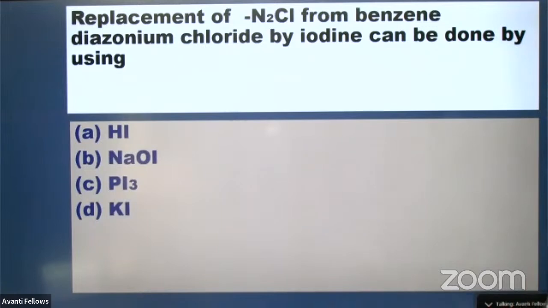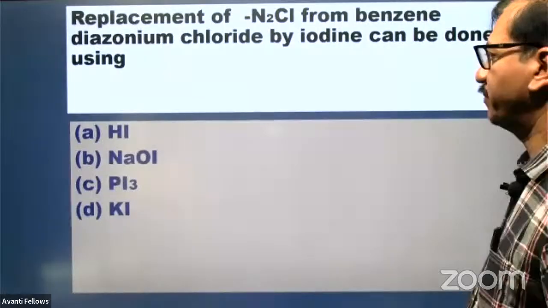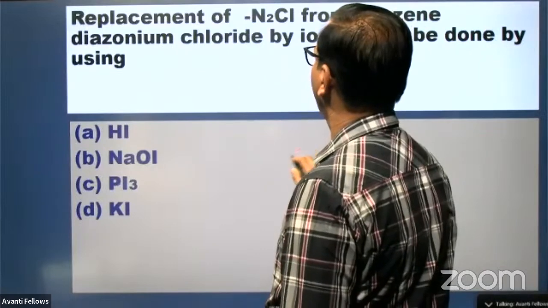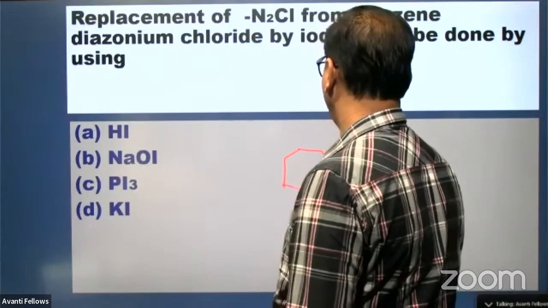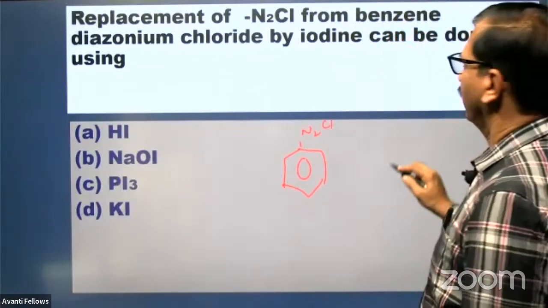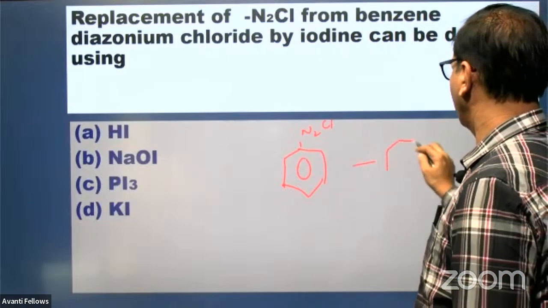Replacement of N2Cl from benzene diazonium chloride by iodine can be done by using which reagent? This diazonium chloride is to be replaced by iodine.